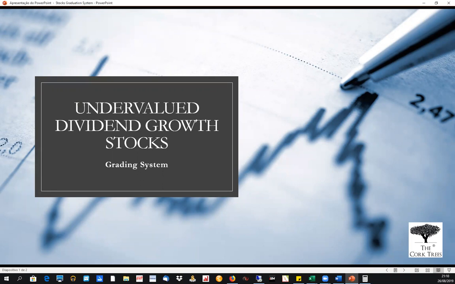So we'll be looking at how to grade dividend growth stocks and find the best ones for our portfolio. Now, for dividend growth investors, the following lesson could be the most important information, and it lays out the key steps that you should take when deciding what stocks to buy and when to buy them.